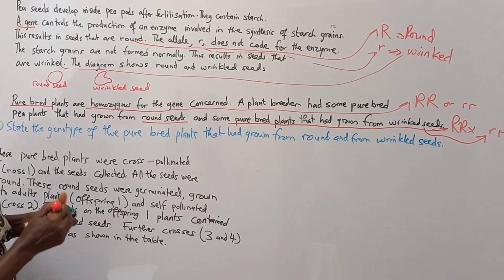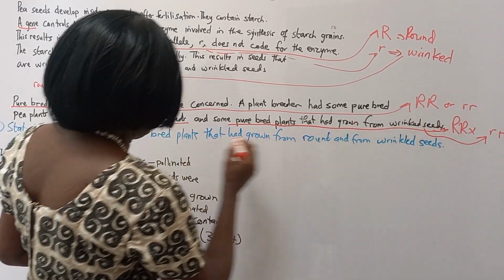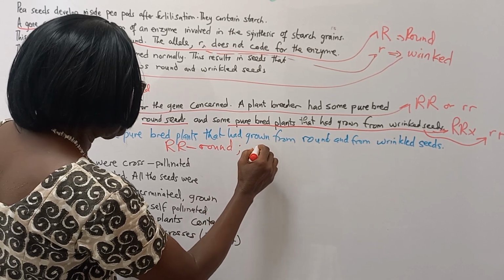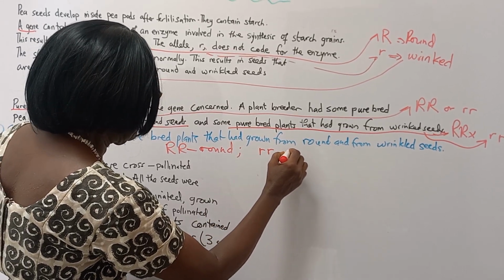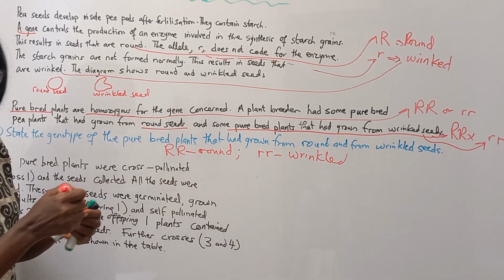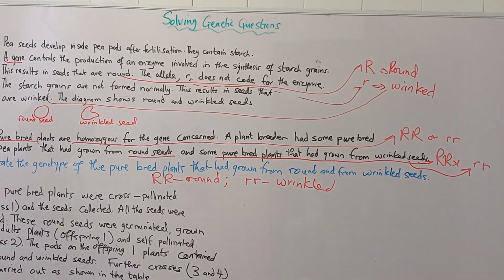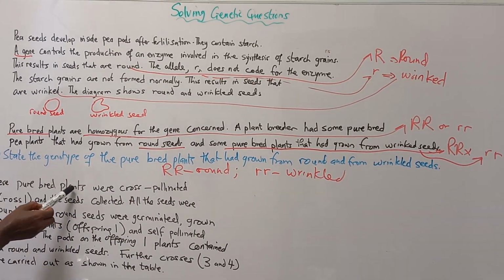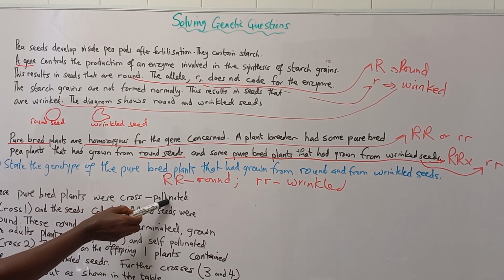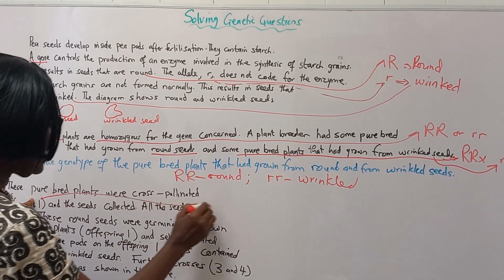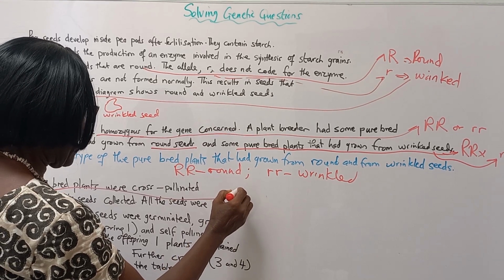Very easy. This is the genotype of the round. And then we have genotype for wrinkle here. Because we started analyzing right from the beginning. Then these purebred plants were cross-pollinated. What this one is saying is that, and that was said to be cross 1.